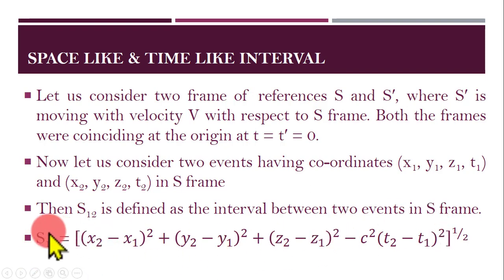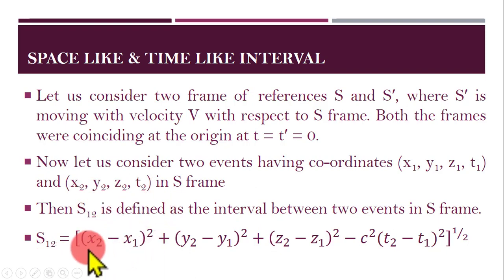We define it by S12, the difference between the position vectors of the two events. It is the separation vector, or you can call it the displacement four-vector, or the interval between the two events.